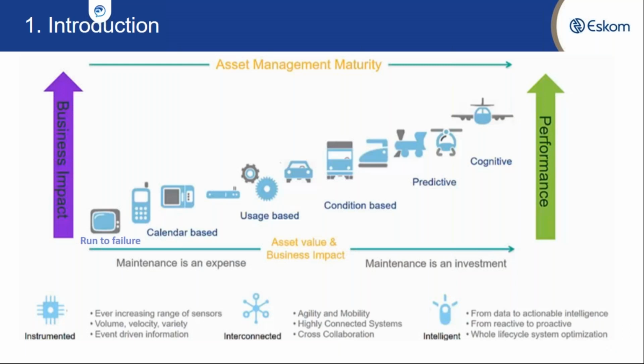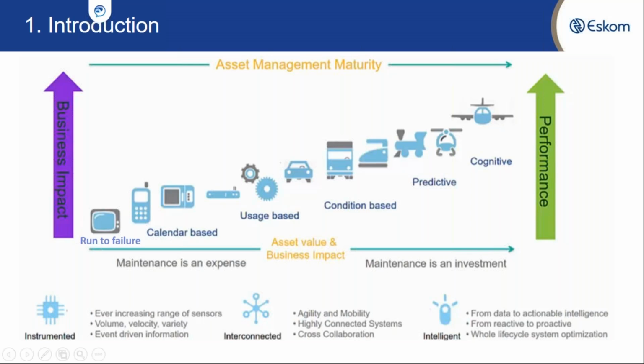The theory on the maturity of maintenance practices is well documented, and the drivers for this progression have mainly been the need to be efficient in doing maintenance, and also a need to reduce cost while increasing availability.